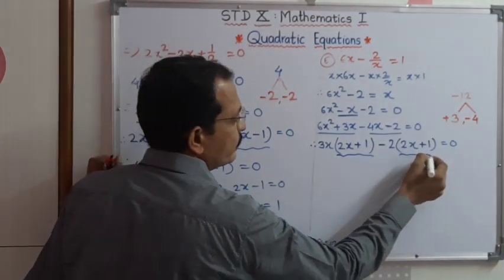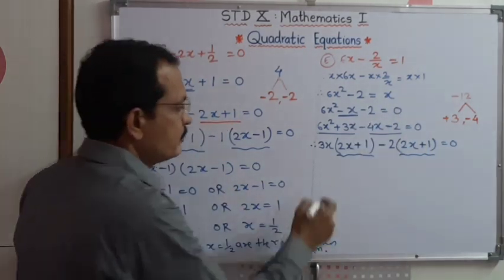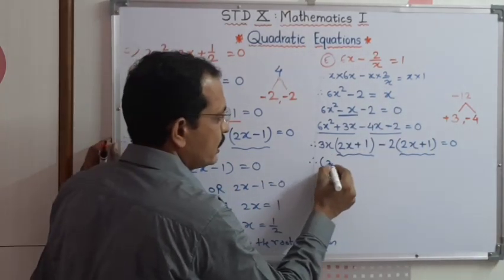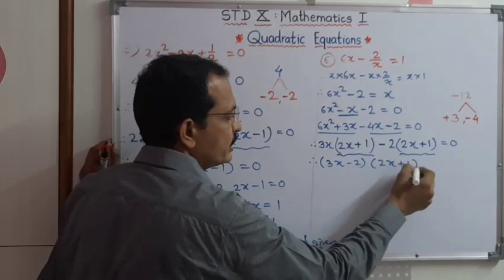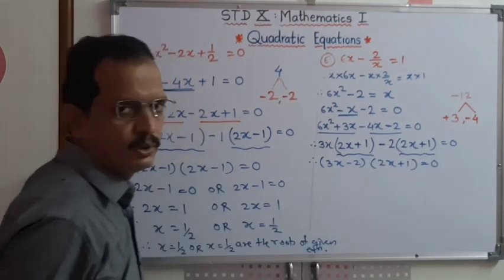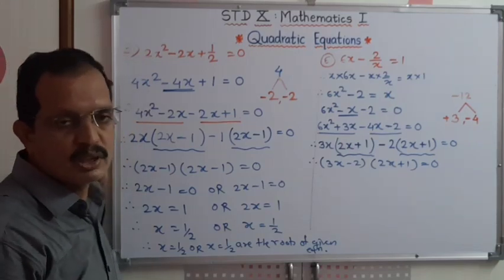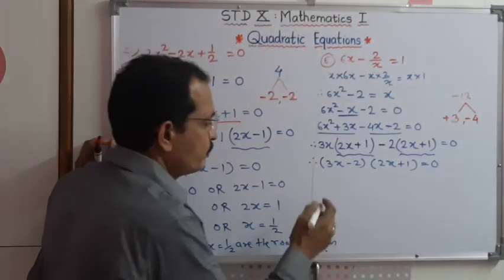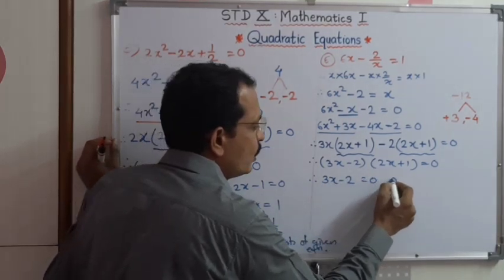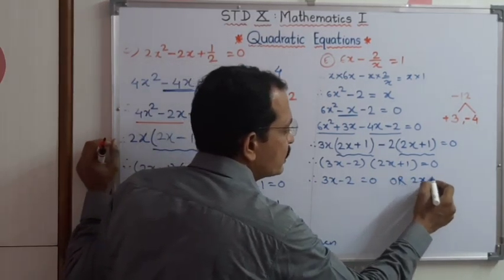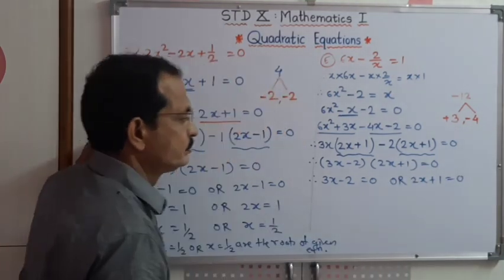2x plus 1, 2x plus 1, both brackets are same. Therefore take out 3x minus 2 in one bracket, 2x plus 1 in another bracket is equal to 0. Multiplication of two numbers is 0. Out of that 2, 1 must be 0. Therefore 3x minus 2 equal to 0, or 2x plus 1 equal to 0.